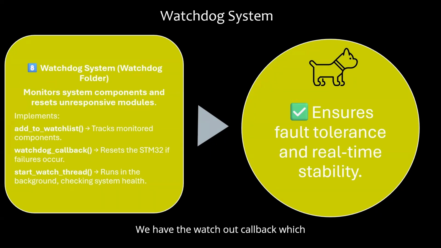We have the watchdog callback, which resets the STM32 if any failures occur. And we have the start watch thread, which runs in the background, checking system health. So the watchdog is continually timing pretty much every device on the system. And if it doesn't respond in the proper amount of time, it knows that a failure has occurred, and it sends that down the pipeline to do the proper shutdown operation. And overall, this ensures fault tolerance and real-time stability.